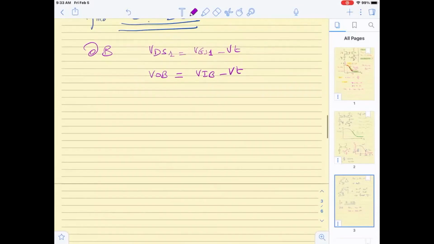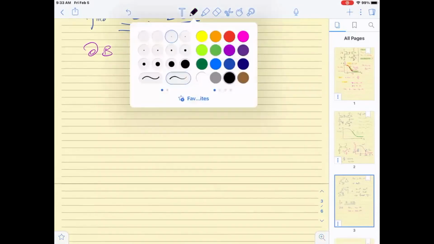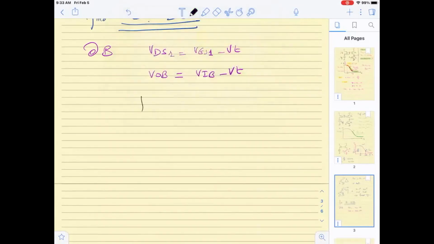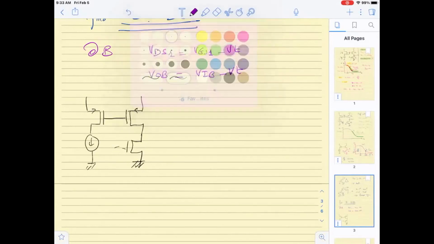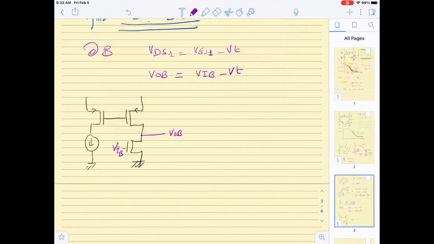So at point B, if I want to solve for B at edge of SAT, I have my circuit. This is Q2, this is Q1, Q3, I reference, and this is my VN. Okay, and at this point, I know that I have VIB here, and I have here VOB, and I want to solve for the current.